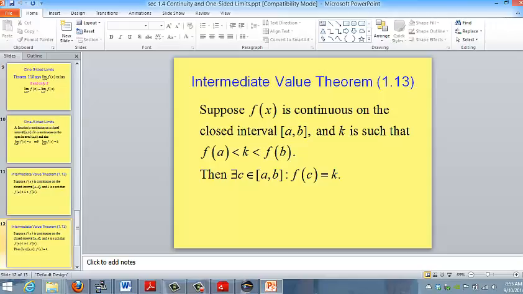So it might even be that c equals a, or b, or something in between. Such that, that's what that colon means. That's really taking it shorthand here. Such that what happens? f of c equals k. I'm going to show you where my c is.